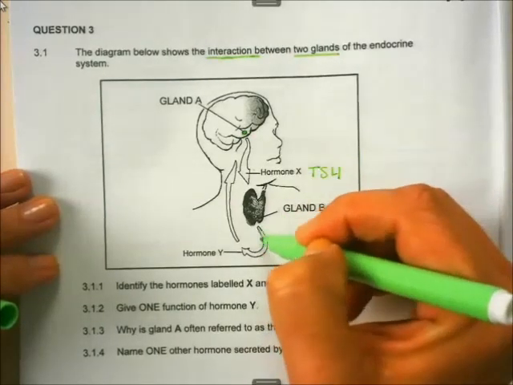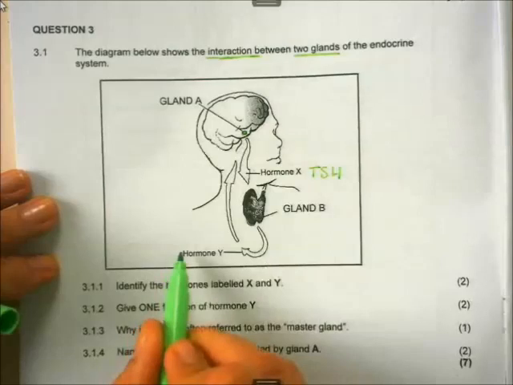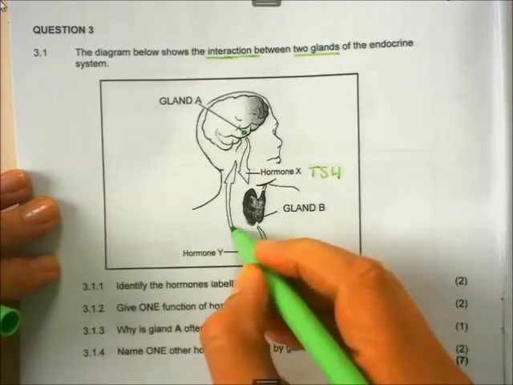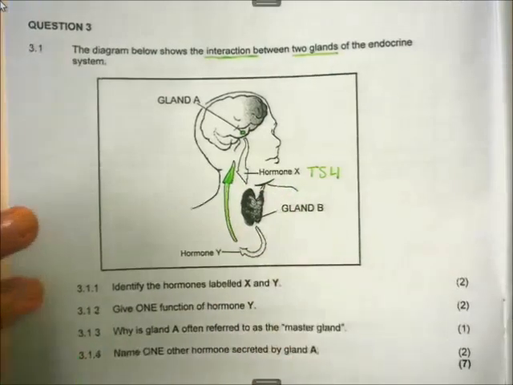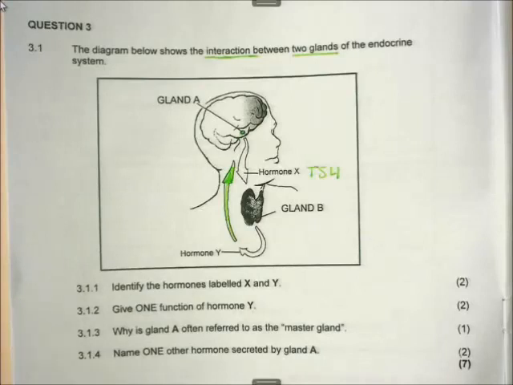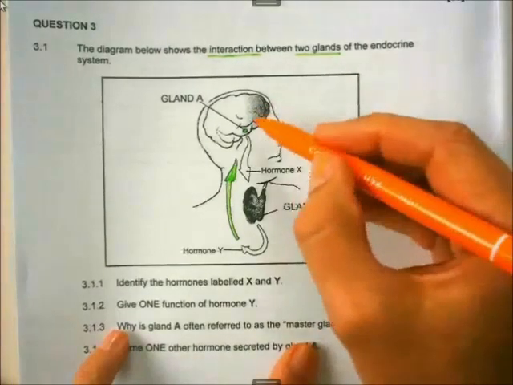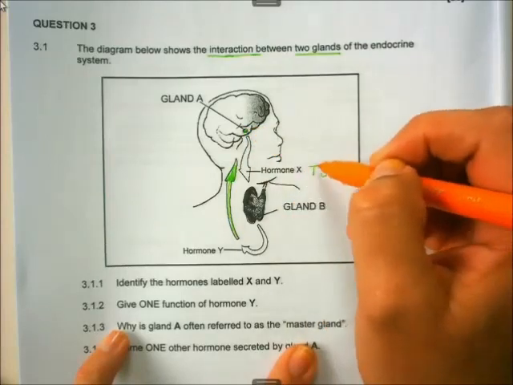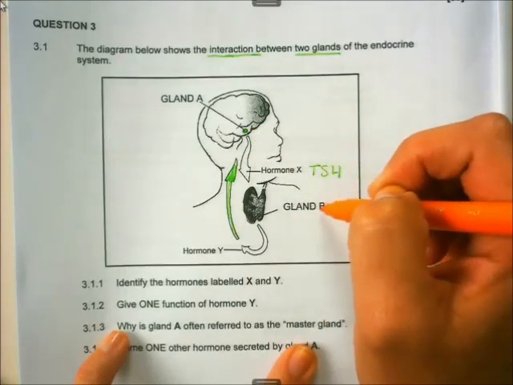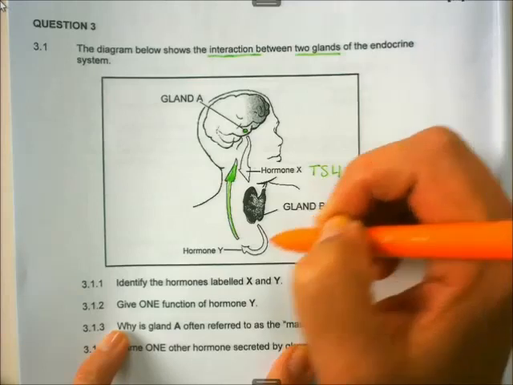And this hormone, A, is thyroxine, that goes back. So this is a negative feedback mechanism. Let us look at the negative feedback. If they ask, describe this interaction: gland A, the pituitary gland, will secrete TSH to stimulate the thyroid to produce thyroxine.